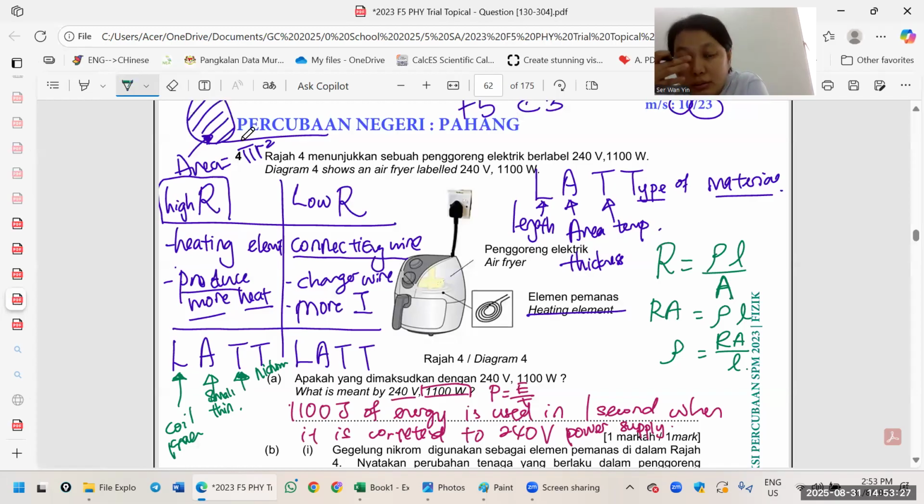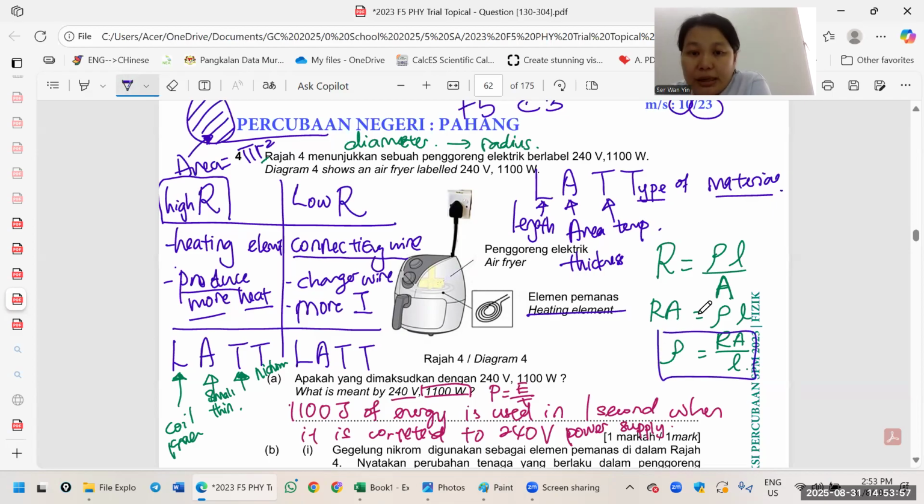I hope this year you all are alert. The cross-sectional area of the wire is a circle, pi r squared. So if they give you diameter, please change diameter to radius. Pi r squared, not pi d.